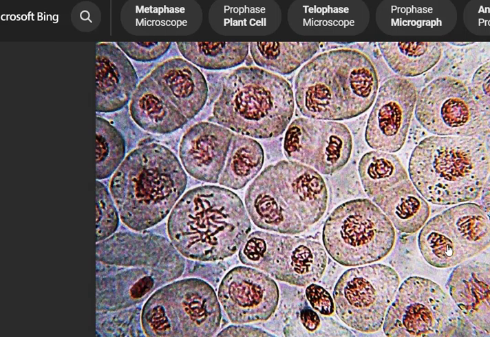So you have two identical cells right there. Here's another one that's in telophase. It's odd, usually you don't see so many in telophase, but somebody got a really good picture because this is also in telophase. And this has undergone cytokinesis right there.